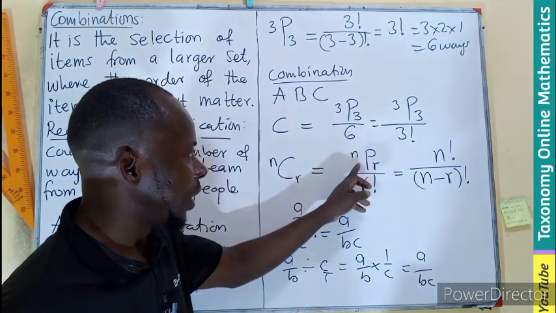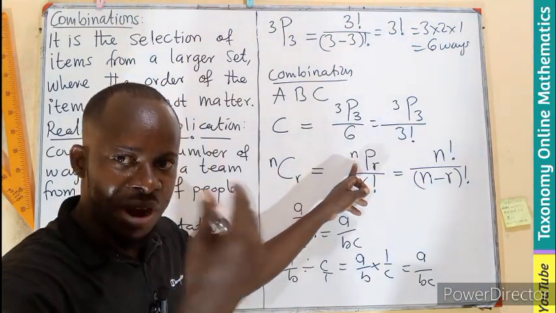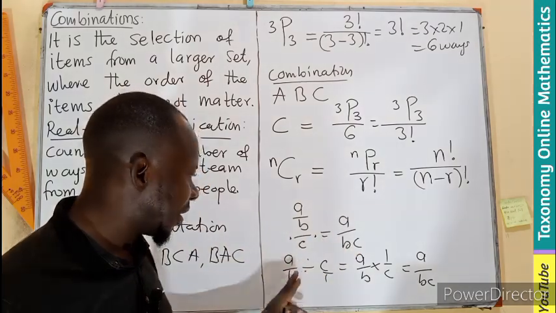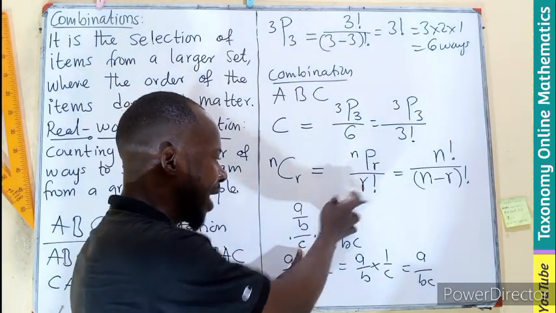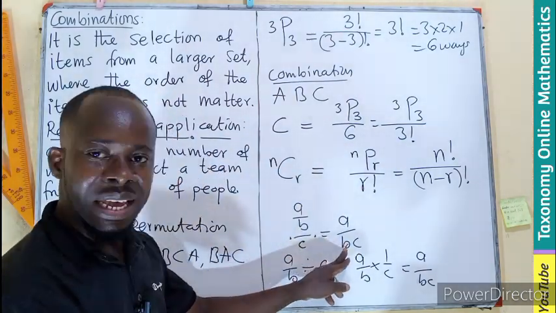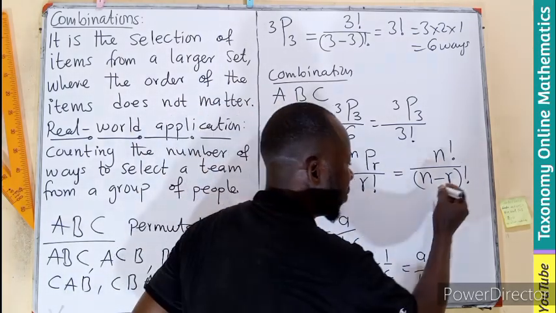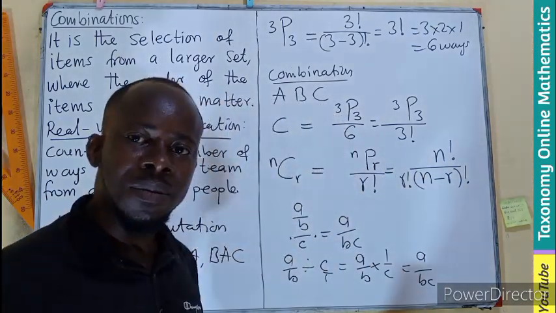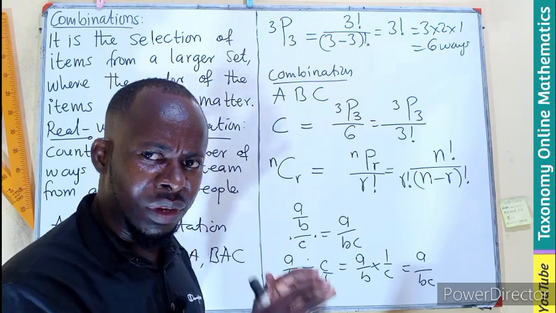So this is a fraction on its own. The permutation is a fraction on its own, divided by another term. So this term, the c, which is the r here, will now go and multiply the denominator. So that will become equal to r factorial. I believe you've gotten the concept.